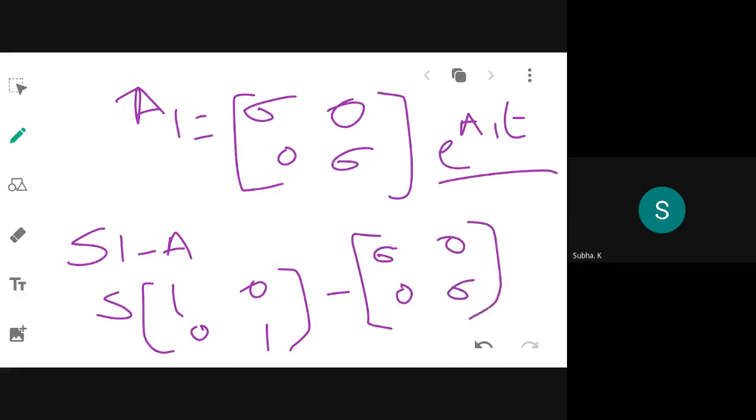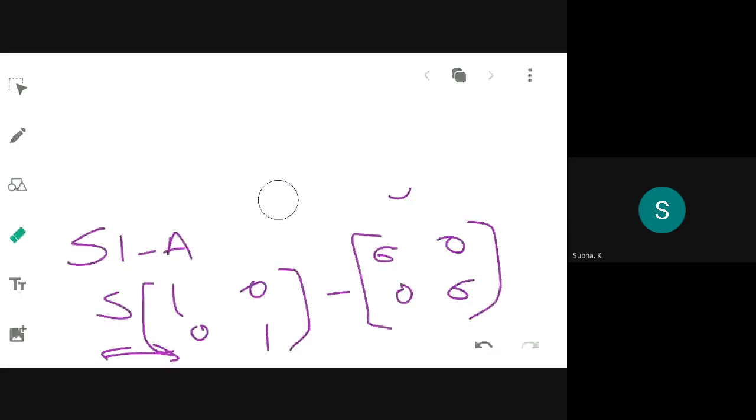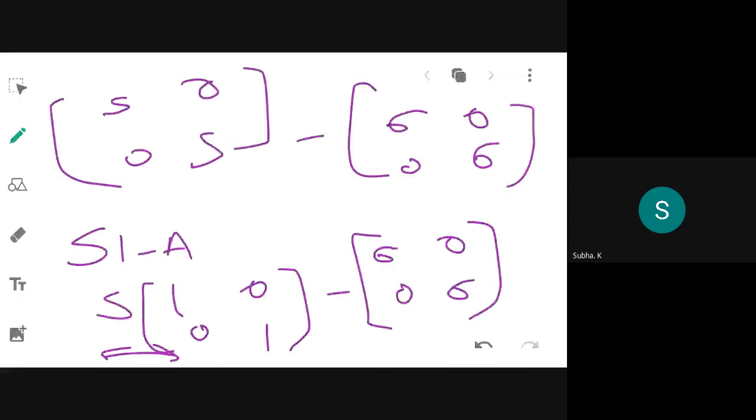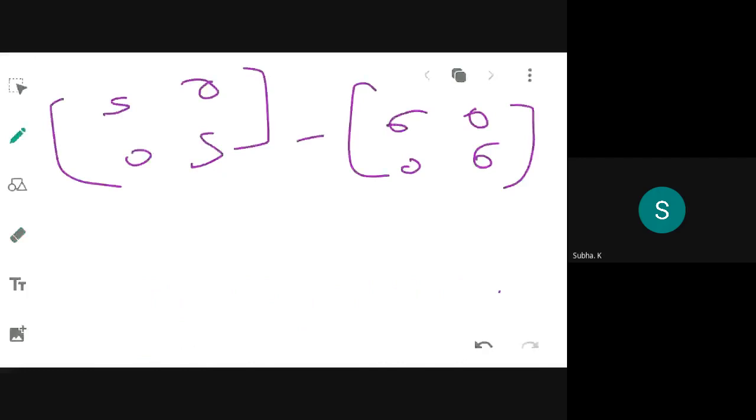So if I multiply these, I get s 0 0 s, minus sigma 0 0 sigma, so I will get s minus sigma, 0, 0, s minus sigma.